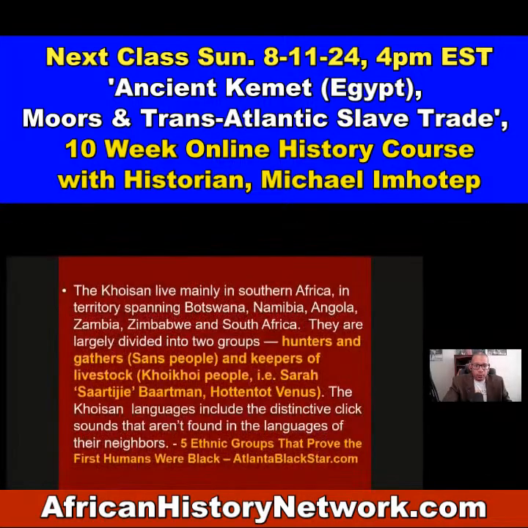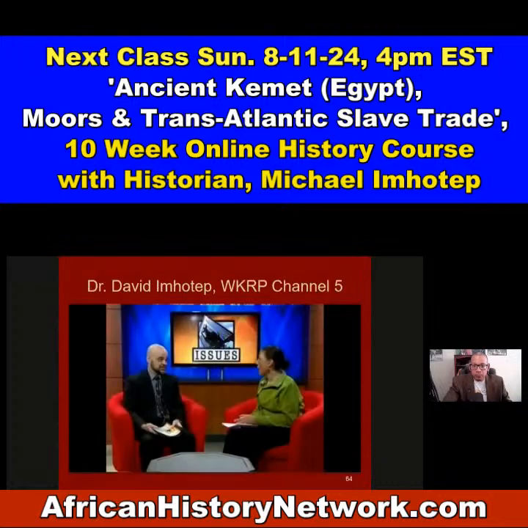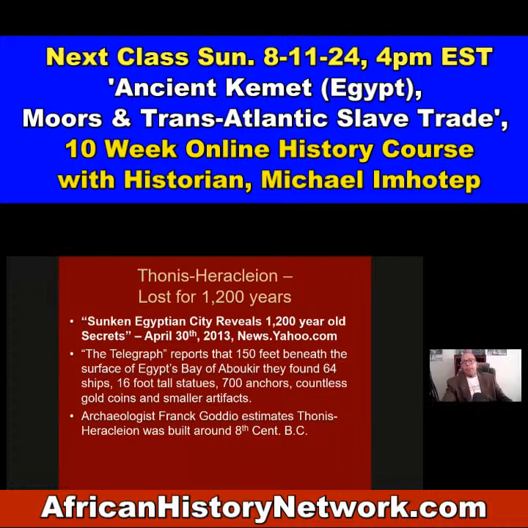So we're going to go through and look at some of the slides here from the PowerPoint presentation. I'm going to show you a few excerpts of lectures I've done as well in the class. You'll get that also. So Tanis Heraklion, the lost city of Egypt.